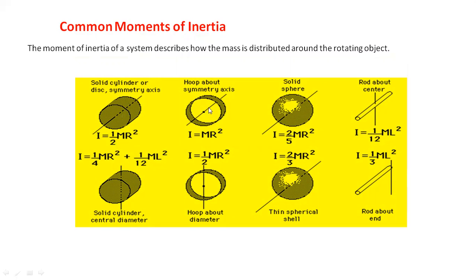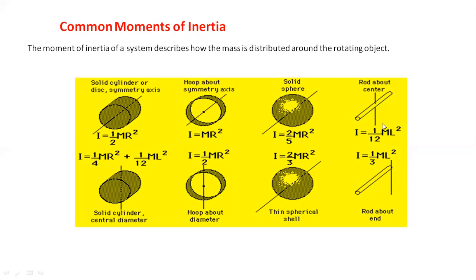If the object is like a hoop about the symmetry axis, we have the equation I is equal to mr square. For a solid sphere we have I is equal to 2 by 5 mr square. For a rod, if the axis is through the center, we have I is equal to 1 by 12 ml square.